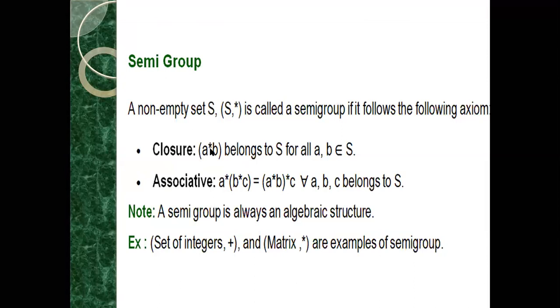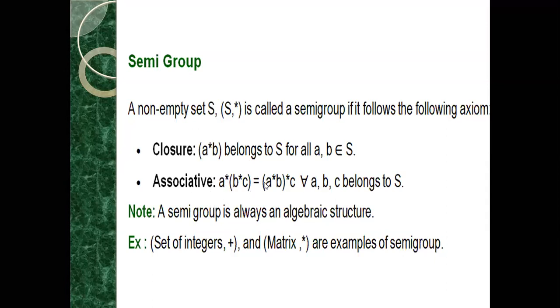Here star is a given binary operation. It may be addition or multiplication. Whatever it is, if taking two elements gives a result that also belongs to S, then we say that the set satisfies the closure law. Next, the associative law. What is the condition for associativity?